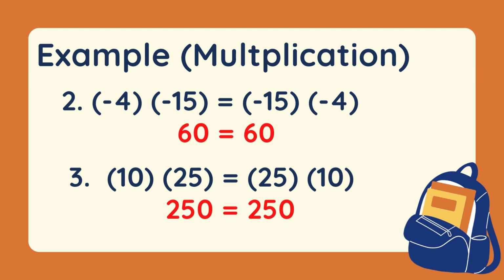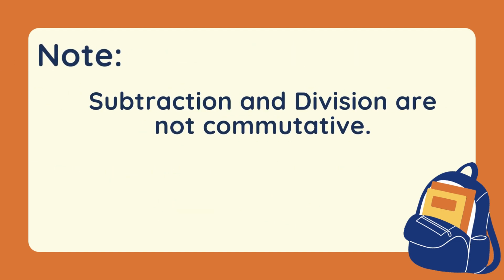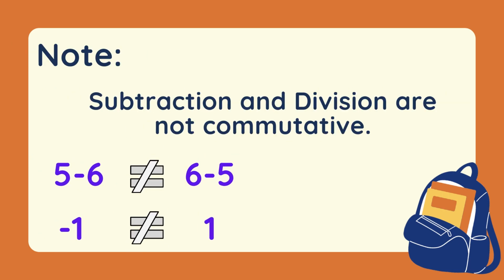How about for subtraction and division? Do you think the commutative property is still applicable? Okay, let us see. Under subtraction and division, the commutative property is no longer applicable. Why? Let us take the following examples.